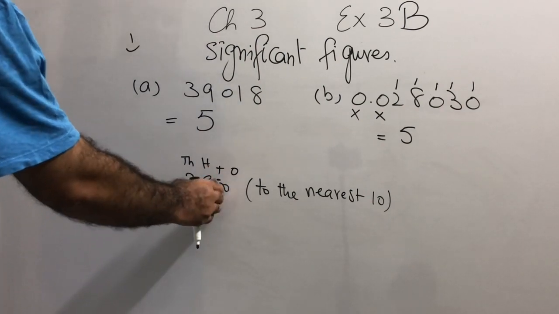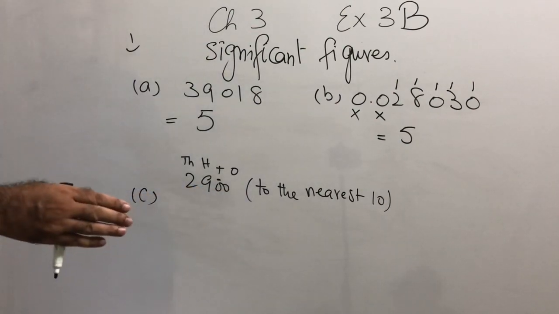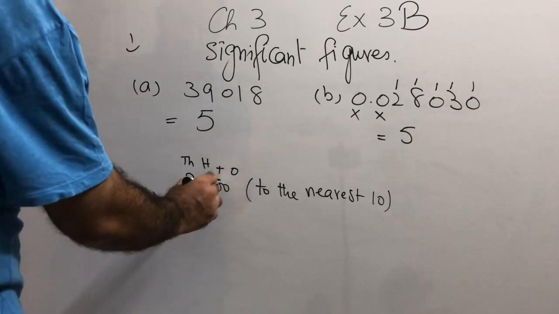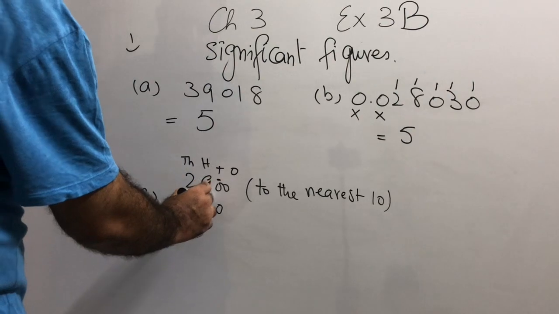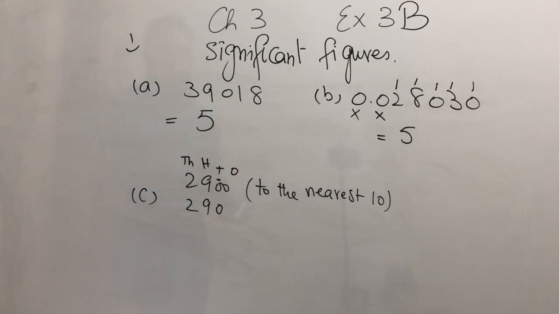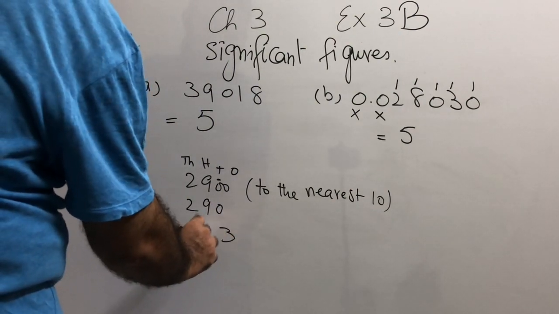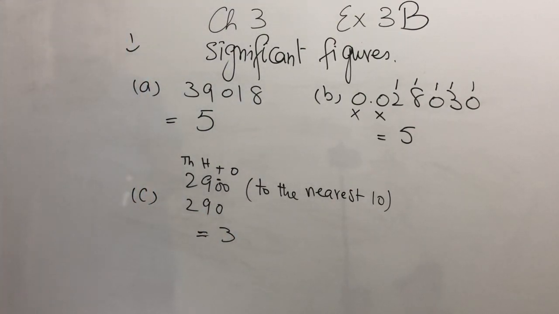Then the right side will be cancelled. It becomes 0, 9, 2, 290. So this is to the nearest 10. So here 3 numbers. So we have 3 significant figures.